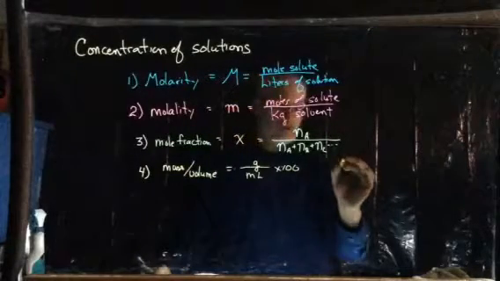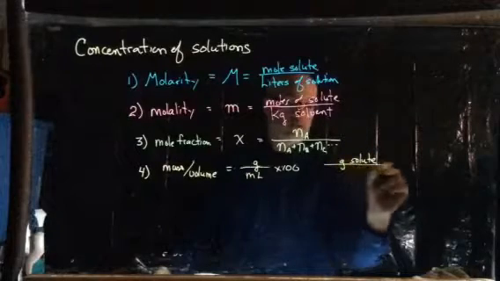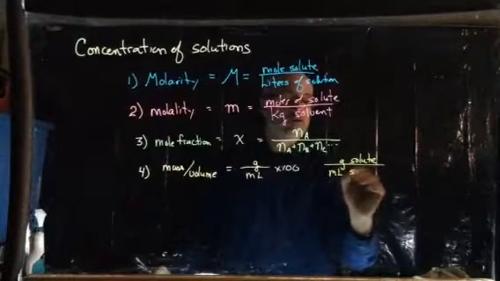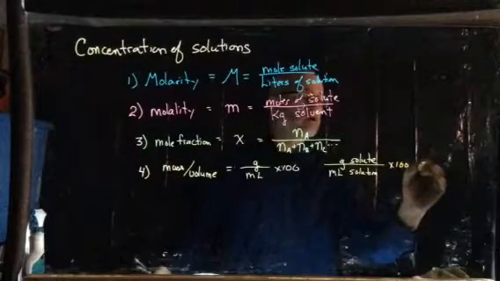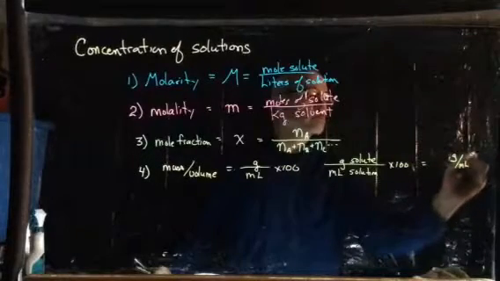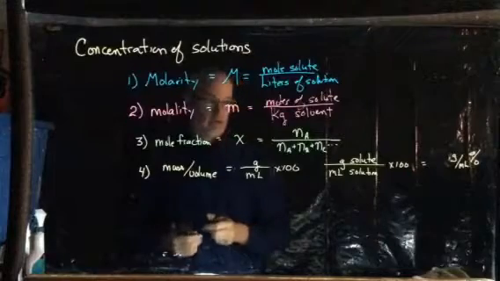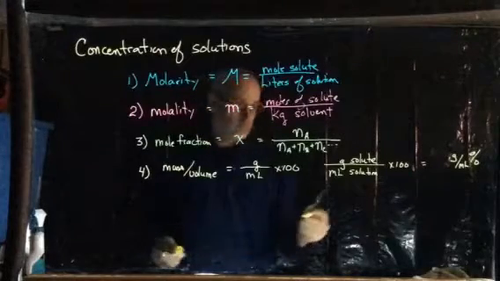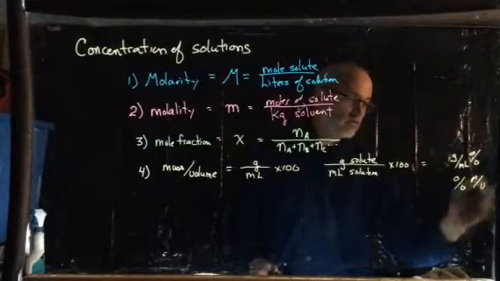It is grams of solute per milliliter of solution times 100. That's a percent mass by volume, or they will say percent mass volume.